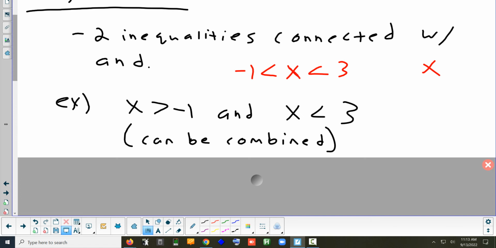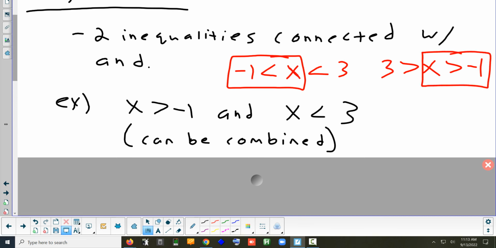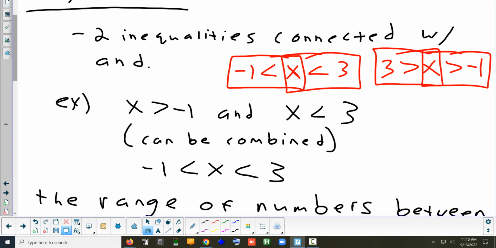You just flip the signs so they're greater than, and then you put the small number on the right instead of the left. And bigger, yeah. Means the same thing. Here you've got x is greater than -1. Here you've got x is greater than -1. Here you've got x is less than 3. And here, x is less than 3.